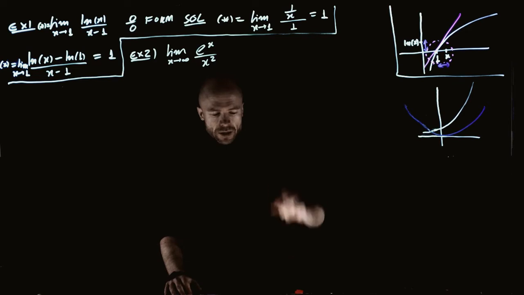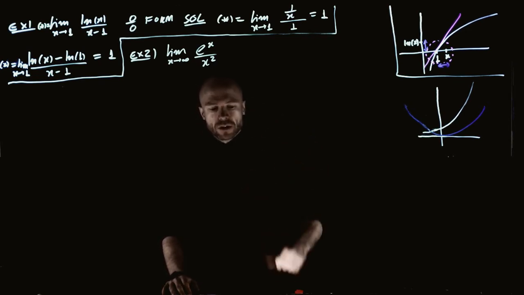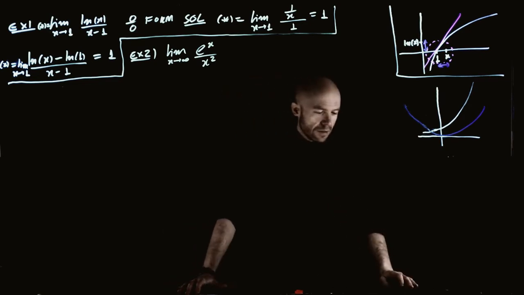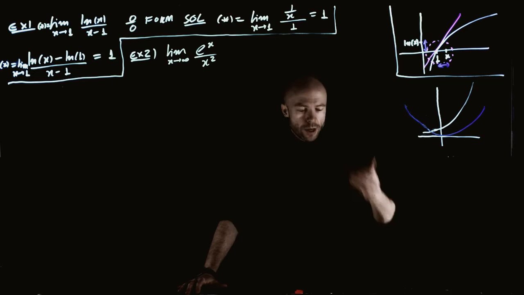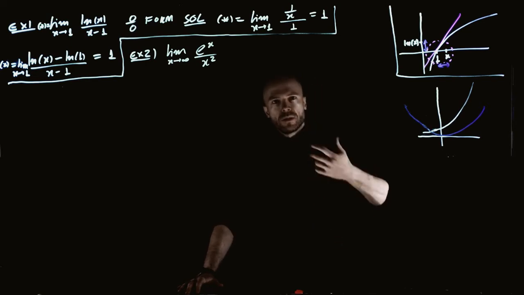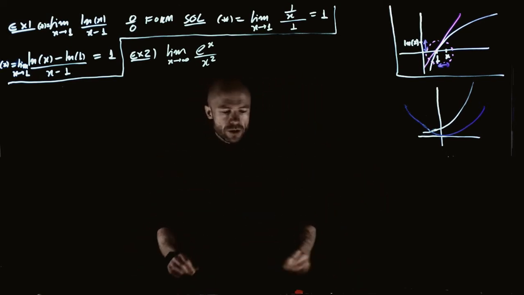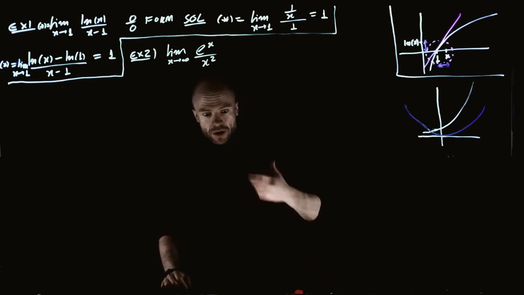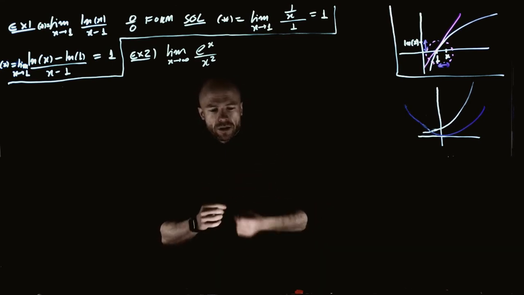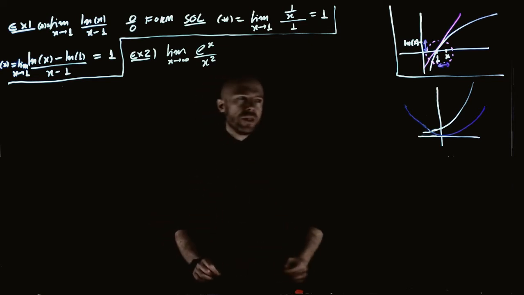Right? E to the x is going so fast, it is hard for us as humans to comprehend it. Many things in the world are the way they are because of e to the x growing so fast. When I talked about this, I talked about how Einstein said that this was the seventh wonder of the world, and that compound interest, there's a saying that people who understand it, earn from it, and people who don't understand it, pay it.